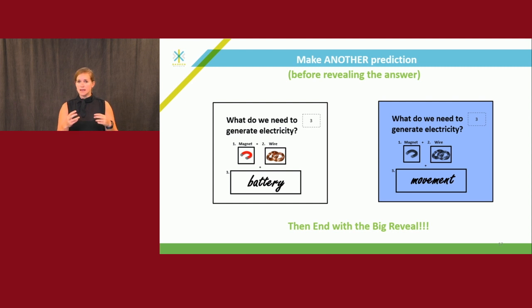This is cool because it engages them in that prediction process. Once again, they have to put forward an opinion. They have to own that opinion. They're then engaged and excited to see what the answer is. But the other super cool thing about this particular method is that the first prediction works as a pre-assessment of their content knowledge on the topic, and the second prediction works as a post-assessment.